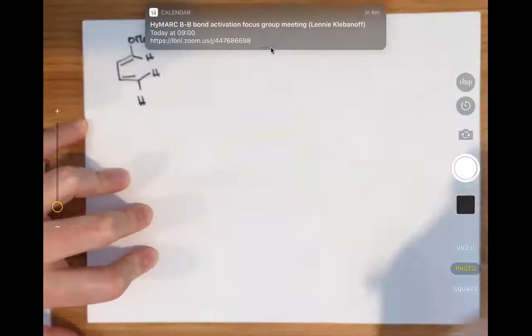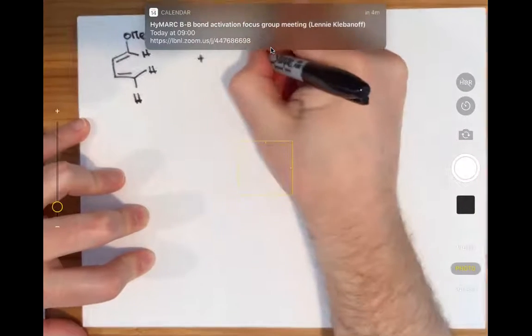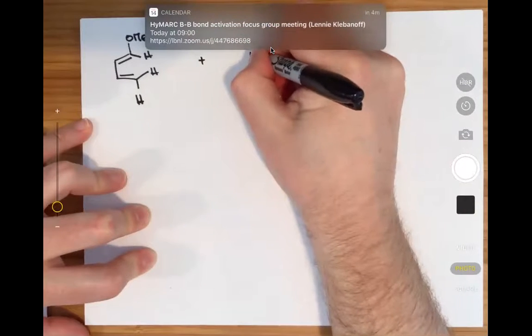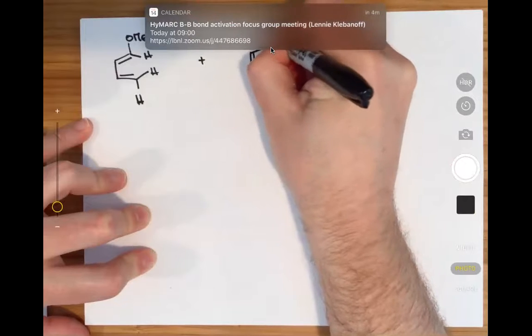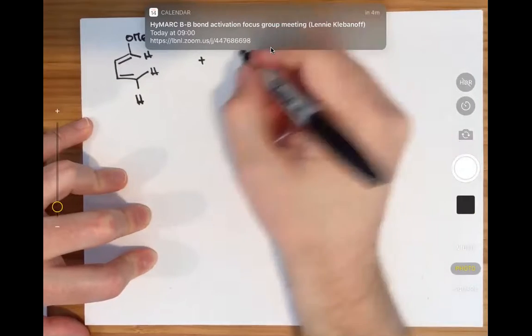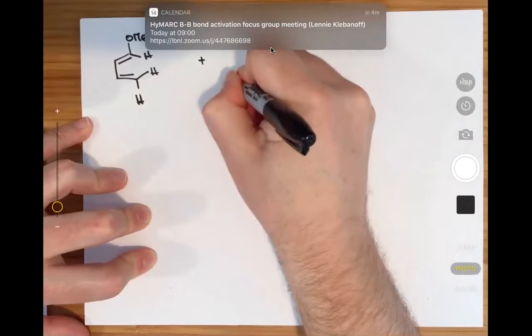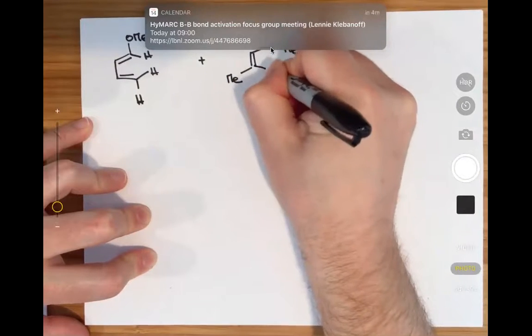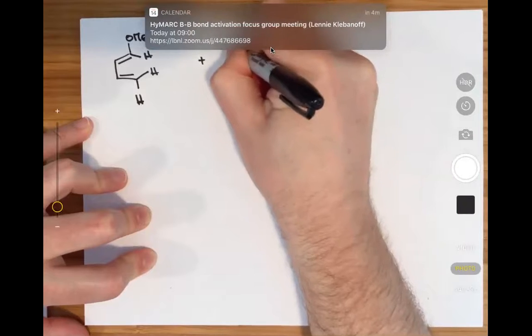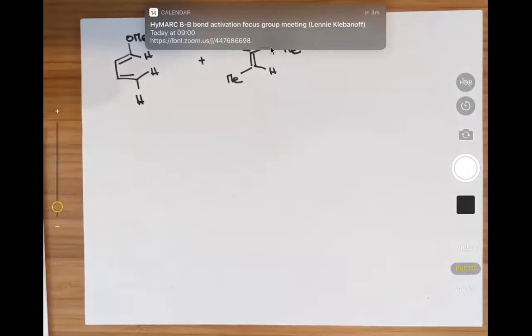So we have this diene, and we are going to react it with a dienophile that looks, let's do it like this. Let's make a ketone out of it, methyl group here, and then we're going to do a methyl group on this side, and we're going to have the hydrogens here and here. All right, so what is the first thing that we need to figure out? Well, we need to figure out which is the diene and which is the dienophile.